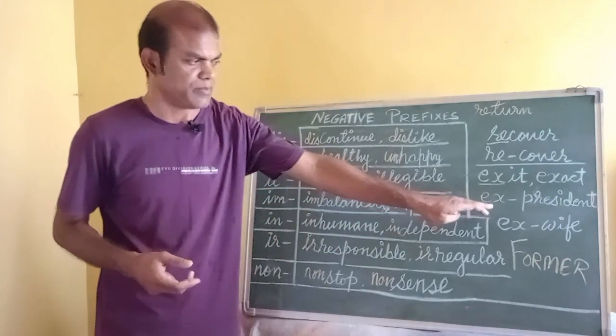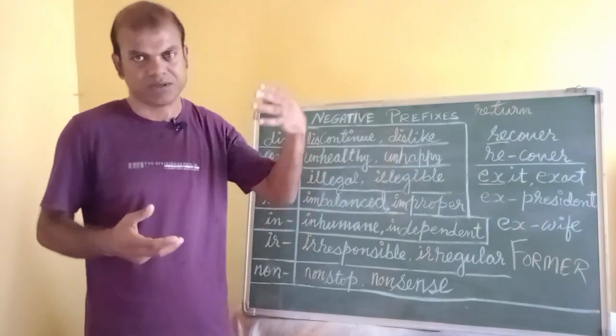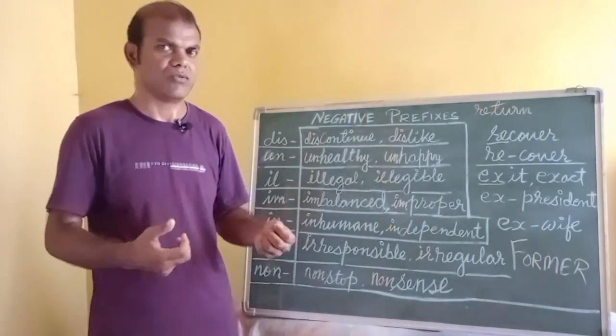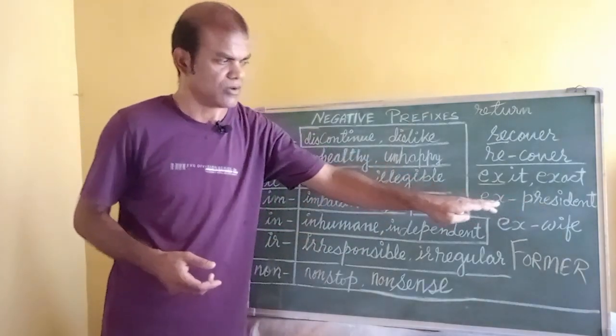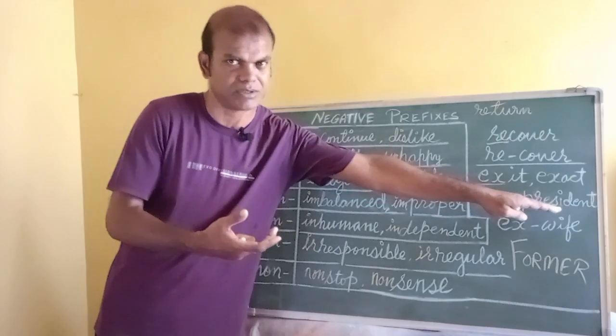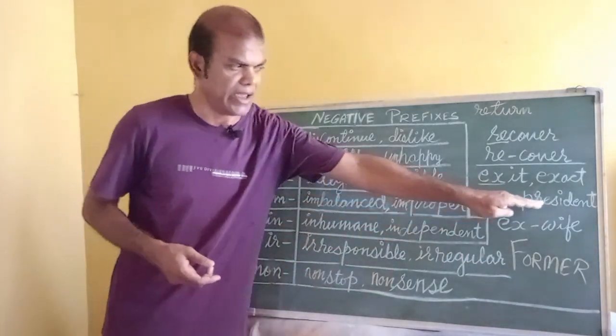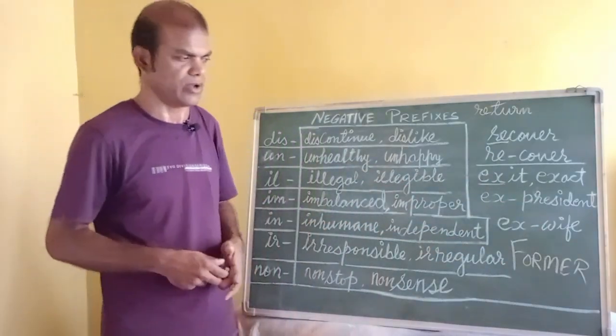I gave an example of ex-president, a president who was before, now he is no more president. He is known as former. We are going to use the hyphen, ex hyphen, then that person, whatever the person is, ex-president or ex-wife, ex-girlfriend, ex-boyfriend, etc.